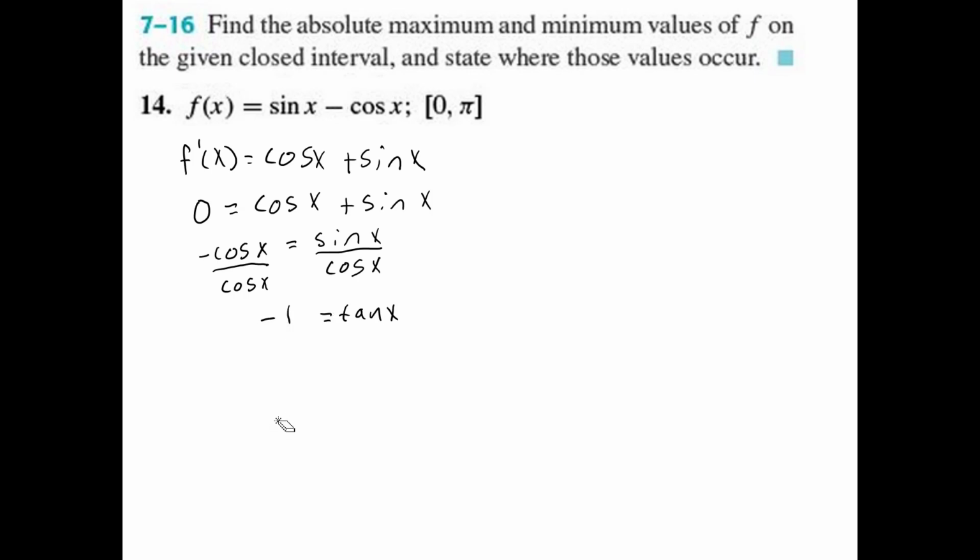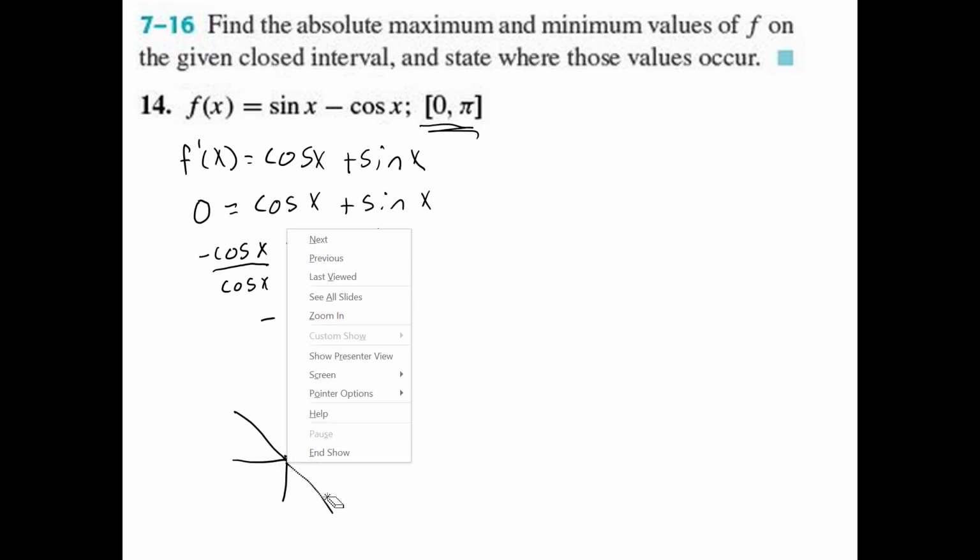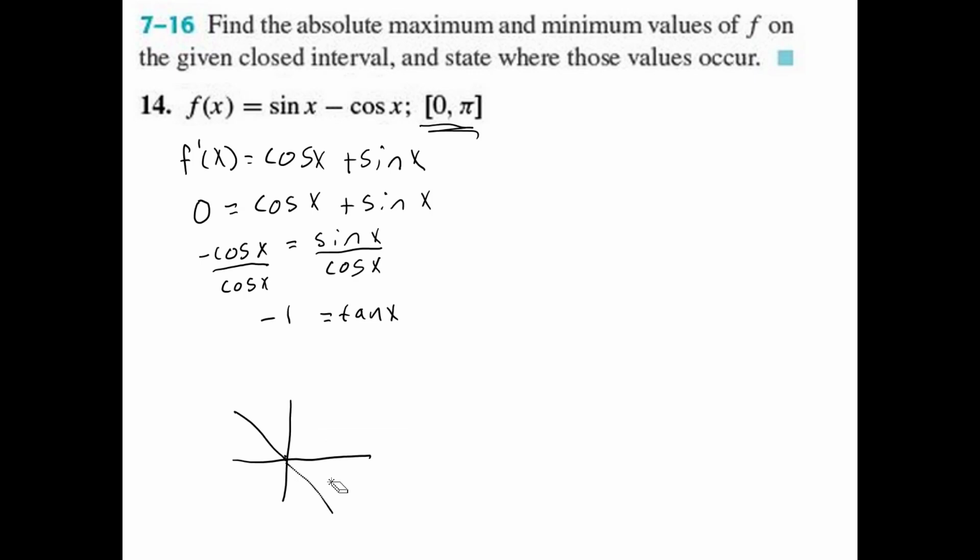Okay, so again, be mindful of the interval. We're only interested in this in the interval from 0 to pi. And the tangent is -1 in quadrants 2 and 4. But quadrant 4, we can't get there with an angle from 0 to pi.